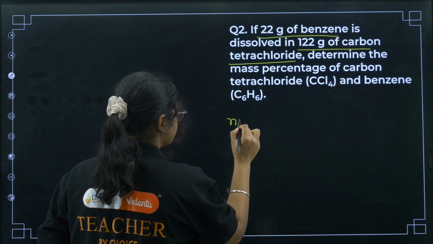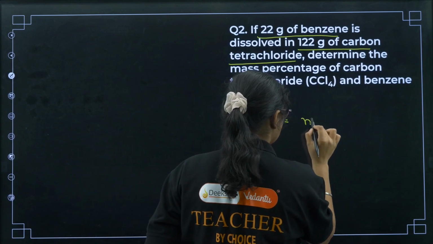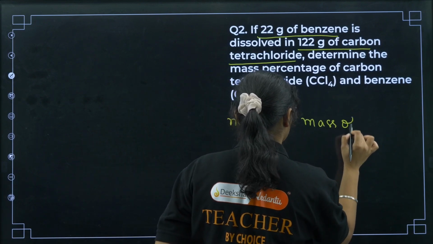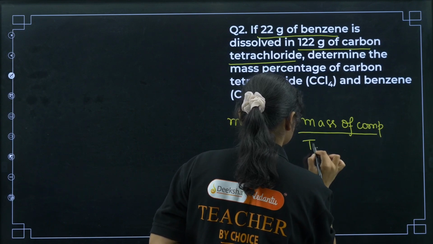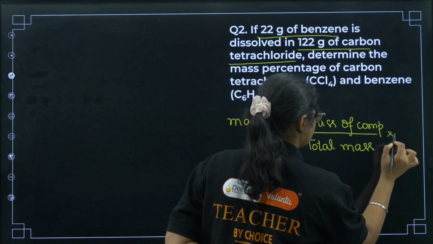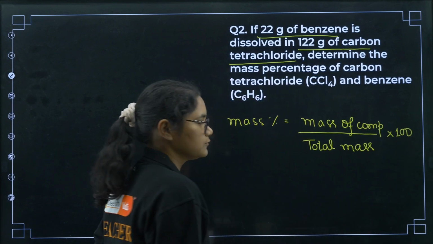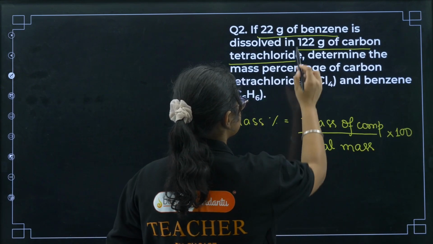What's the formula for mass percentage? Mass of the compound by total mass into 100.